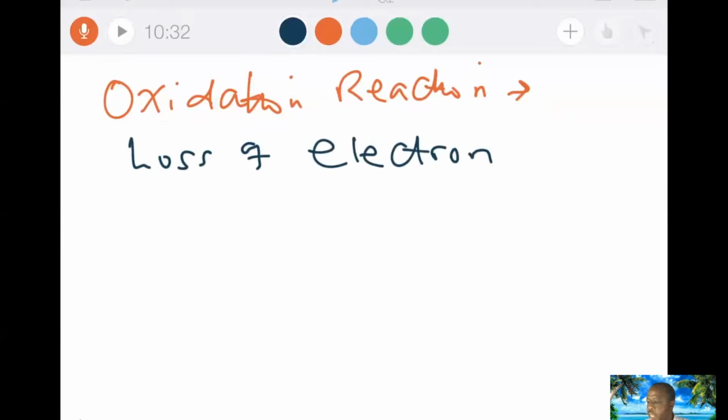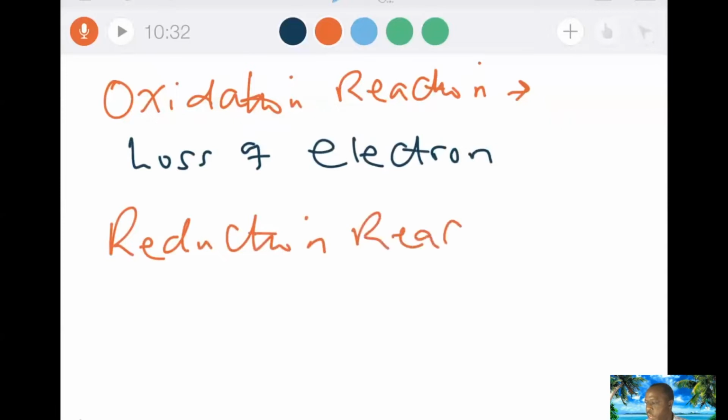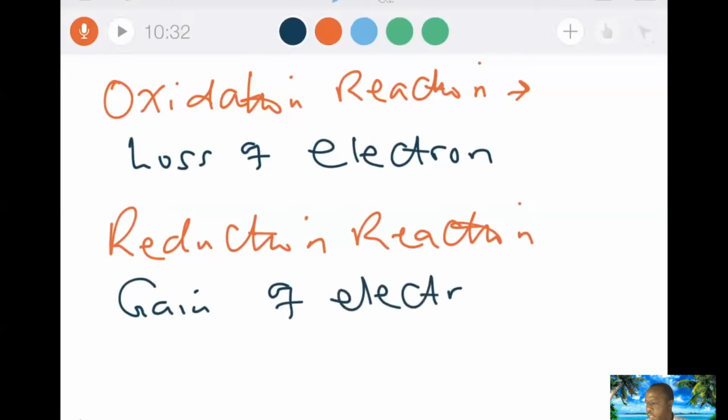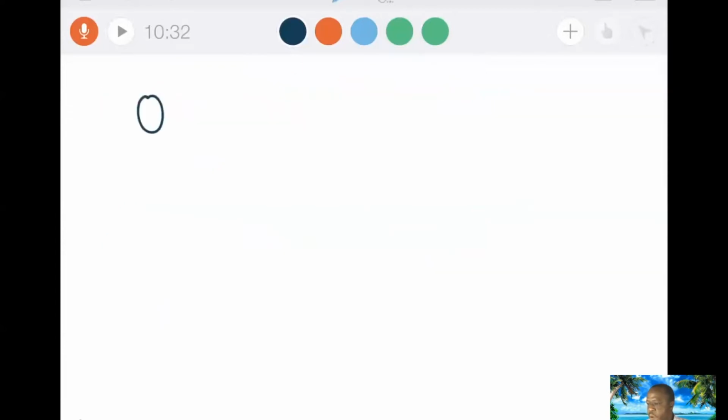And then there is reduction reaction. Reduction reaction is gain of electrons. If you want to learn this, there's a mnemonic, OIL RIG, for committing to your memory.